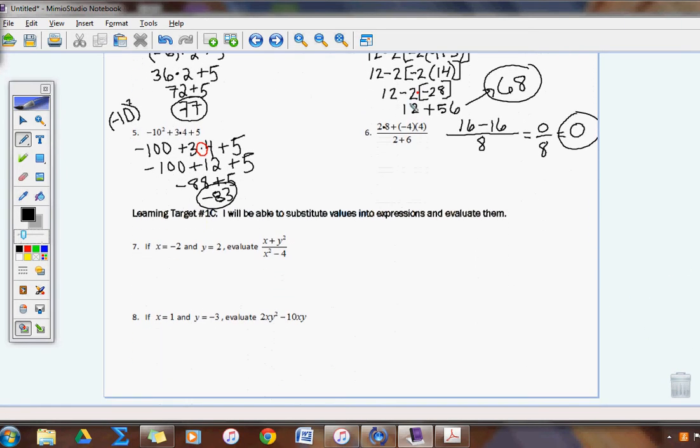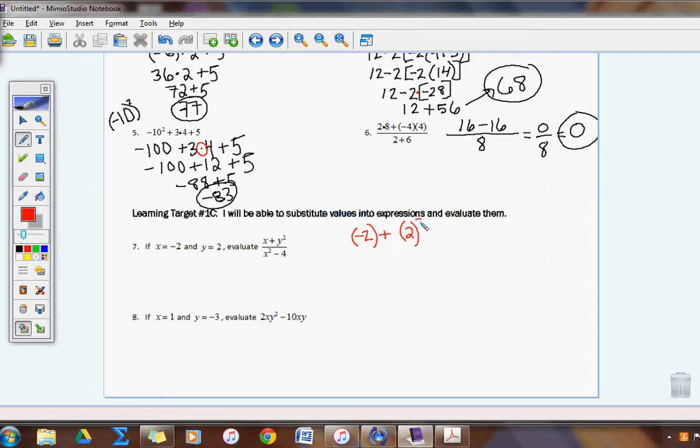This is like those ones, but now we're putting values in. Okay, I'm going to put values in and then do the order of operations. So you're going to see me replace with parentheses here. So the x is actually negative 2. So here we go, negative 2 plus, and then the y is a positive 2.